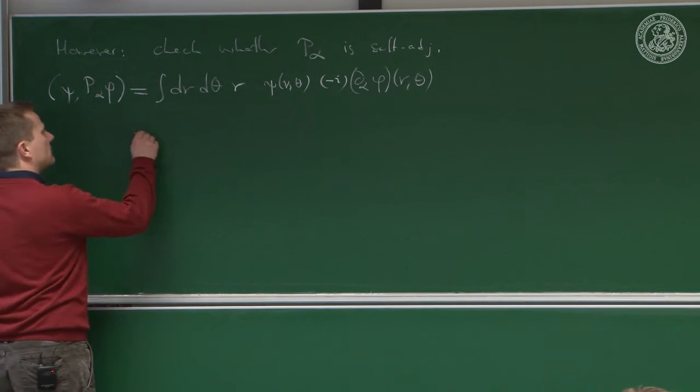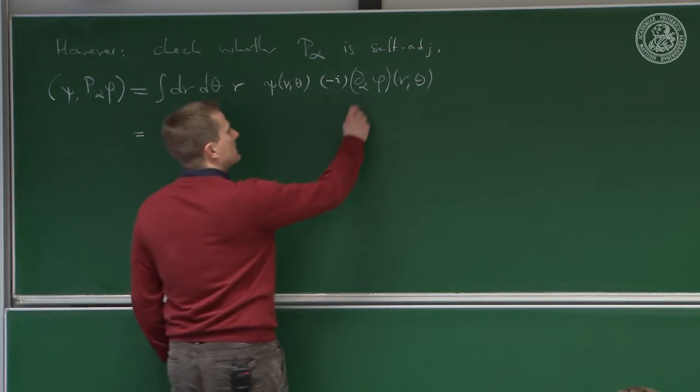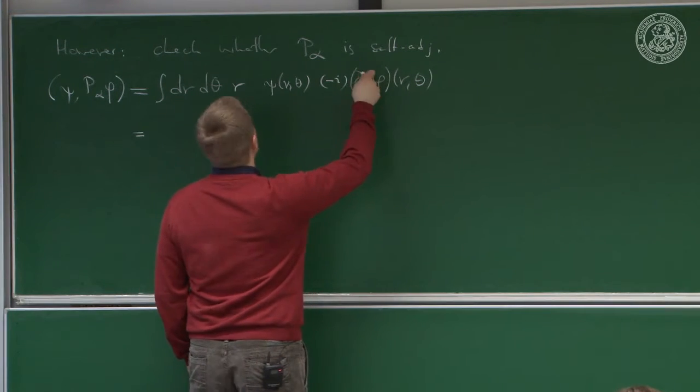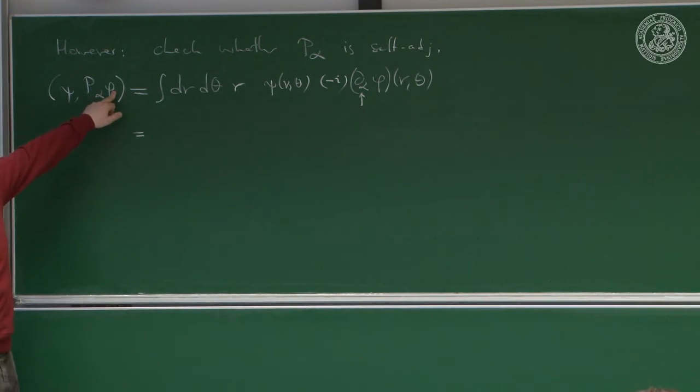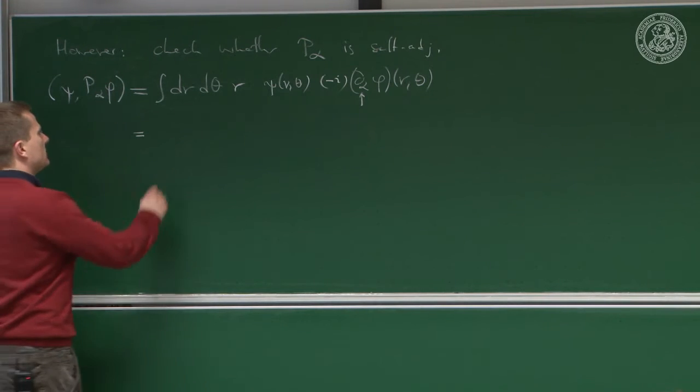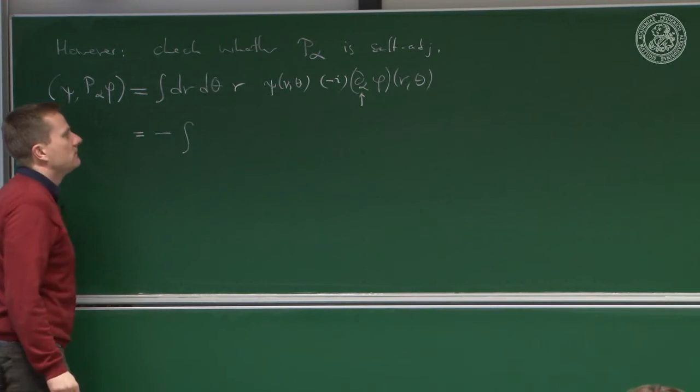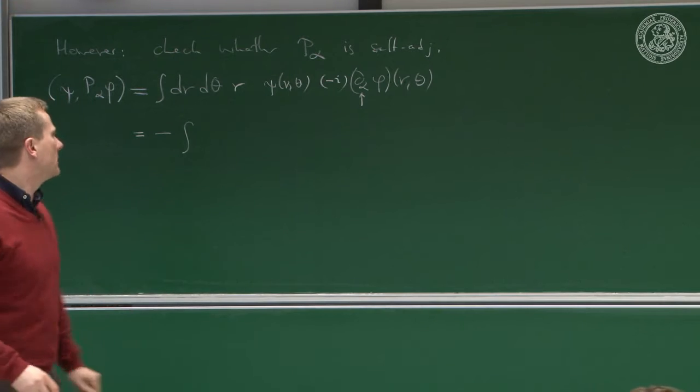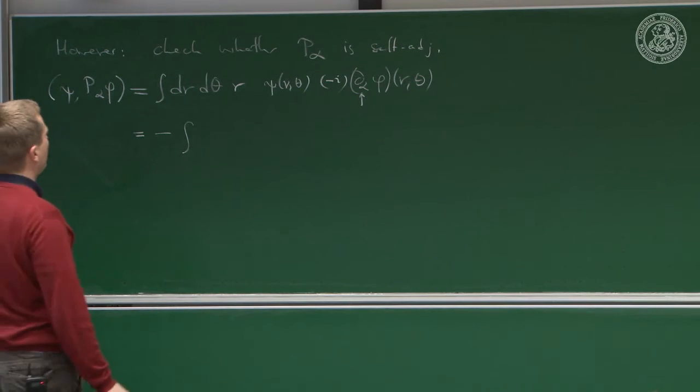So let's follow the same recipe as before. We have here this derivative, and we want to get rid of it because we want to make this phi free of any operator. So we use integration by parts to pull it over. But now there's an important difference to before.